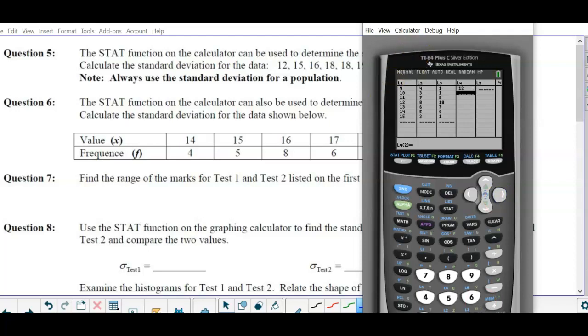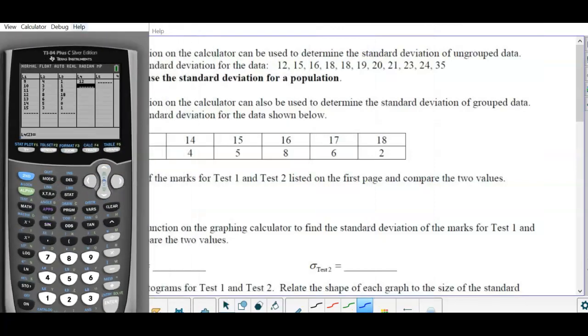So 12, 15, 16, 18, 19, 20, 21, 23, 24, and 35. Okay, so I've got 11 entries, 1, 2, 3, 4, 5, 6, 7, 8, 9, 10, 11 values.